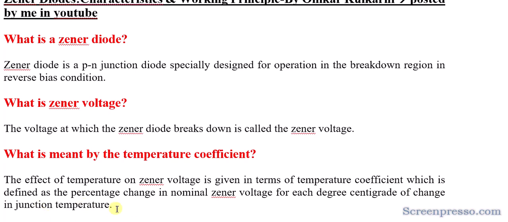That means for each degree change in temperature, what is the corresponding change in the Zener voltage? That is what is meant by temperature coefficient, which is very important to understand.